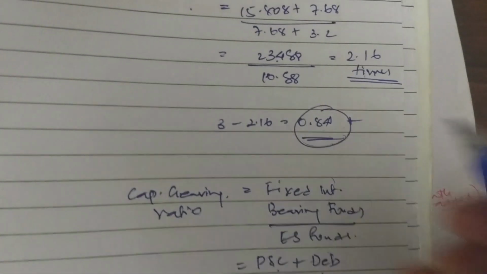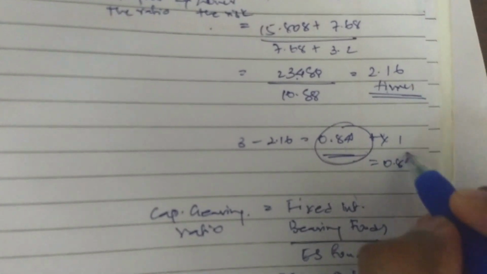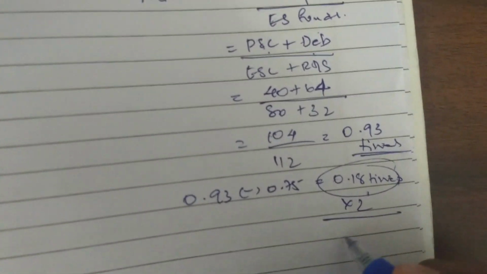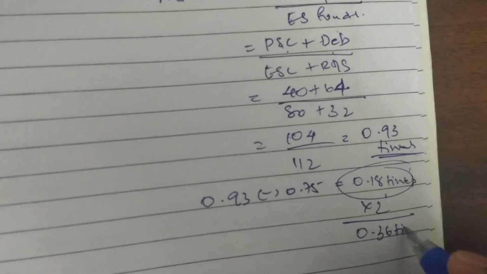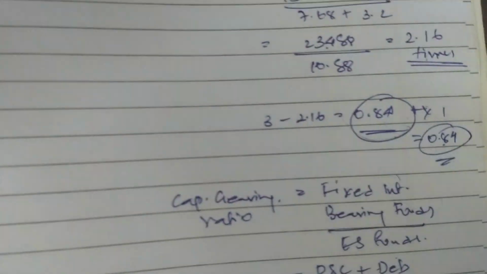So here, the 1% on your fixed interest fixed dividend is into 1, which makes no difference, so it is 0.84 again. However, in the question it is 2% for the capital gearing ratio, so it will be into 2, which means it is 0.36 times. So it will be 0.36 times, and here it will be 0.84.